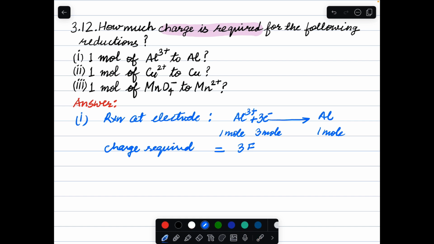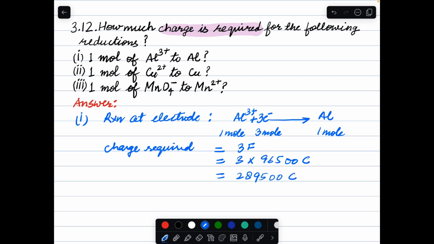Okay, so this is equal to, we will put down the values of Faraday's constant, that is 3 multiplied by 96500 coulomb. So answer will be 289,500 coulomb after multiplication.